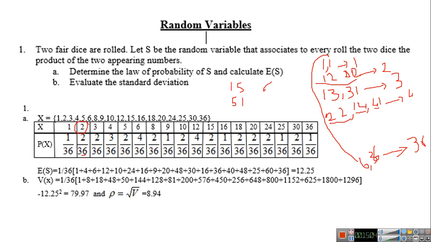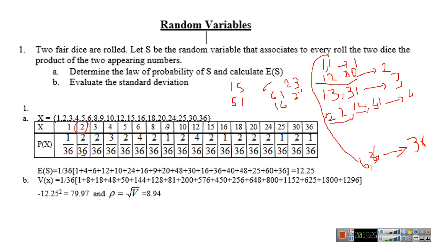To get the number 6, you have 6 1, 1 6, 2 3, and 3 2. So how many choices do you have? 4 over 36. To get 8, you have 4 2, 2 4.